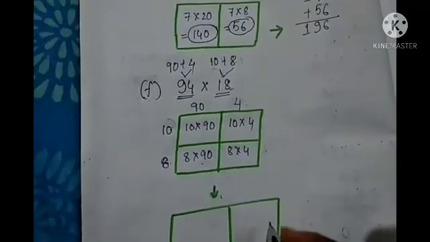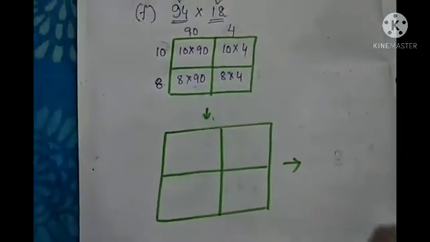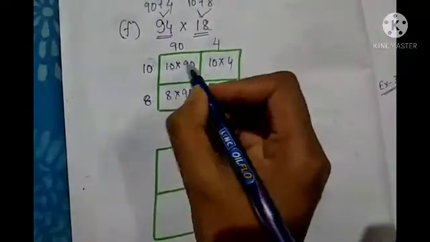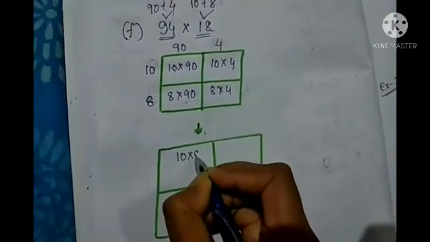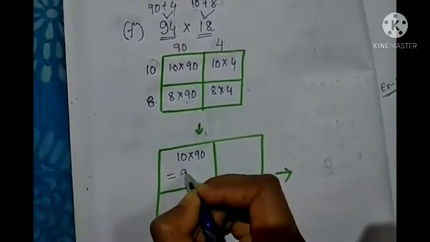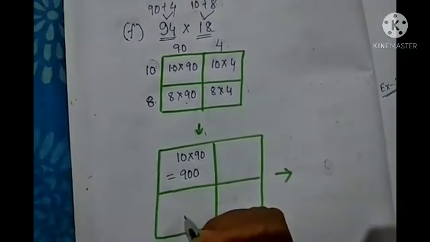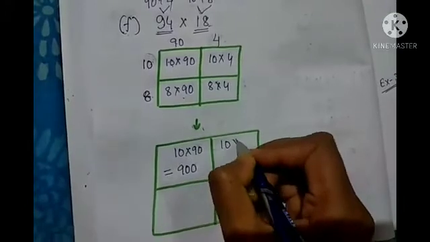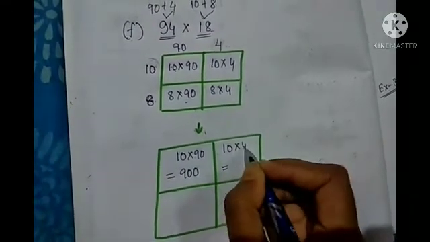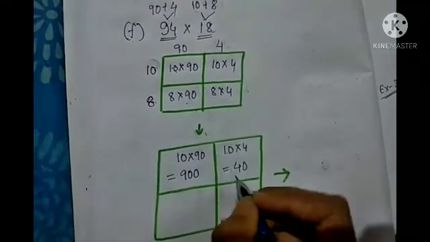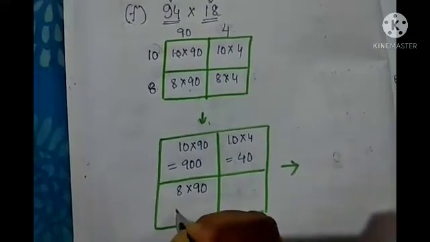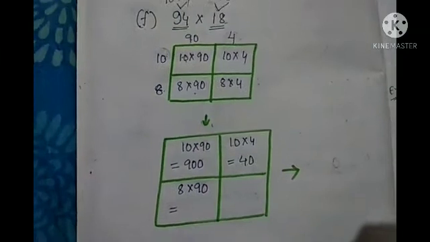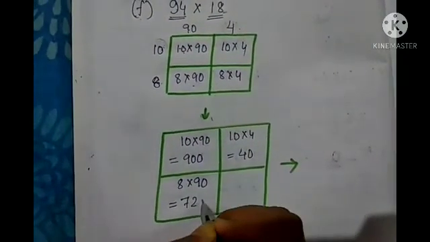Got it? Now in the next step, let's write the products. So if we multiply this, that means 10 into 90, it will give us 900. Right, students? Now 10 into 4. So it will be obviously 40, right? Now 8 into 90. So how much will we get here? 720.